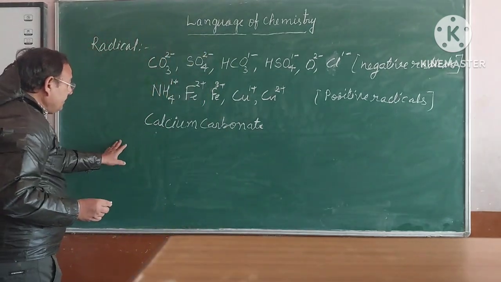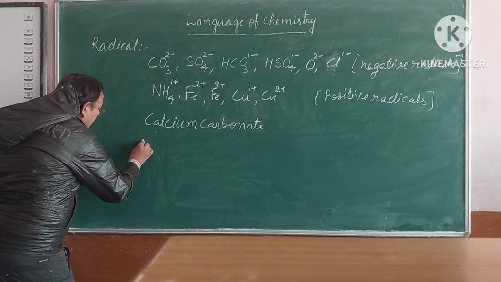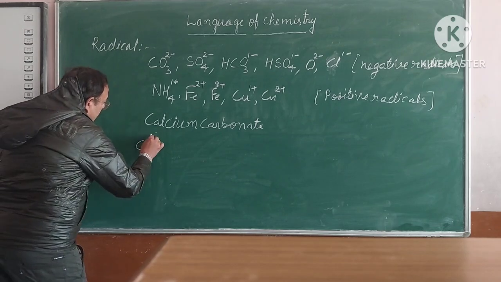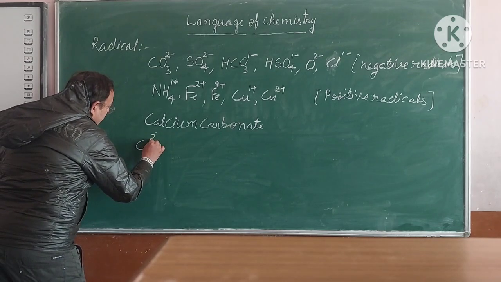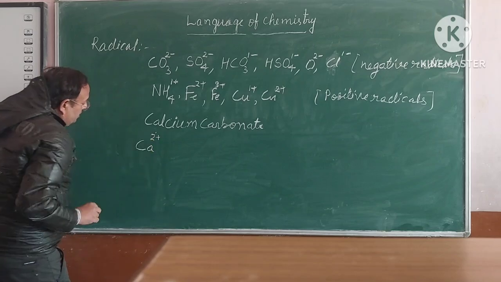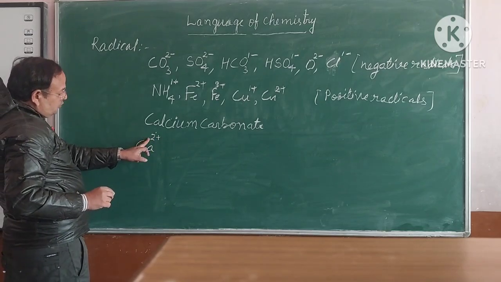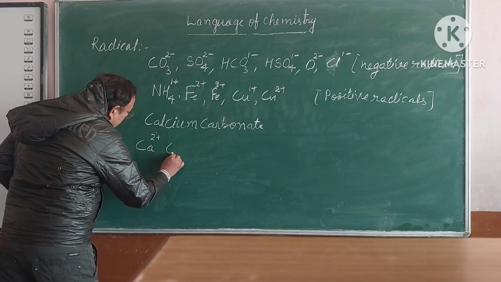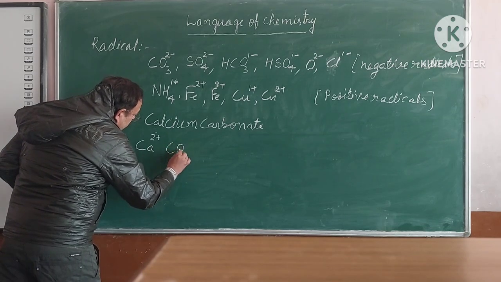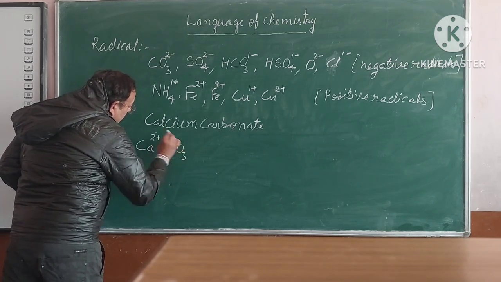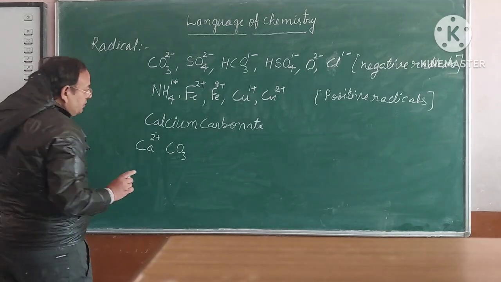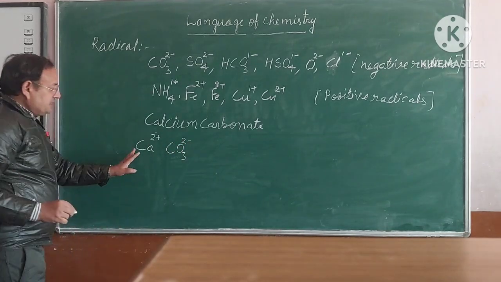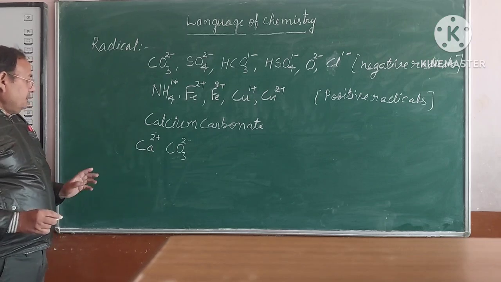Now you see here, first we write the calcium radical. This calcium radical, Ca with 2 positive charge. Carbonate radical, CO3, has 2 units of negative charge. First you will write like this.